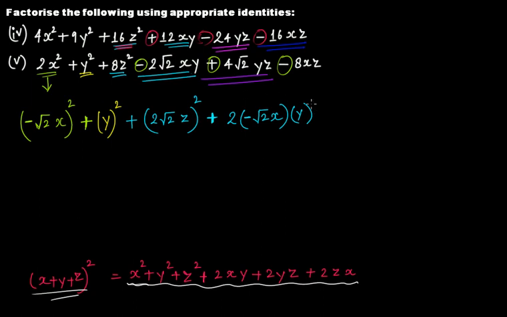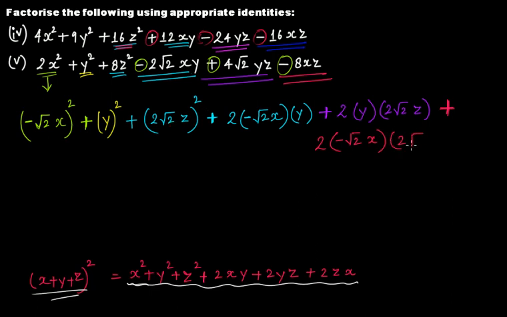So 4 root 2 yz is actually plus 2 multiplied by y, which is y here, and z is 2 square root 2 z. So 2 multiplied by y multiplied by 2 square root 2 z means 4 root 2 yz, right? And then you have this minus 8xz, so write plus 2 multiplied by minus root 2x, and then you have this 2 root 2z.